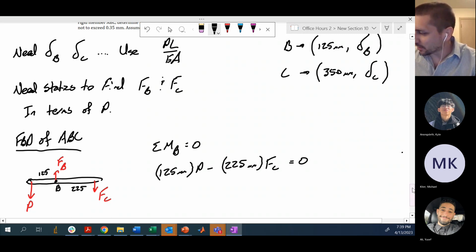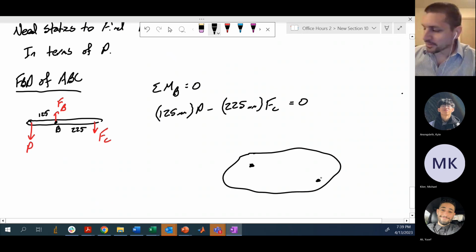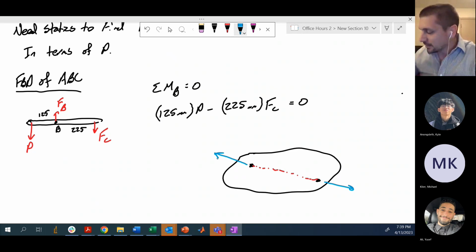So if we just have a really quick aside here, you could have, again, your mechanics potato, whatever it is. You have a point over here and a point over here. If those are the only two points on the structure where there is load, then the only way that this thing can transfer load is either with forces that are equal and opposite this way, if it's in static equilibrium, by the way, or forces that are equal and opposite this way.